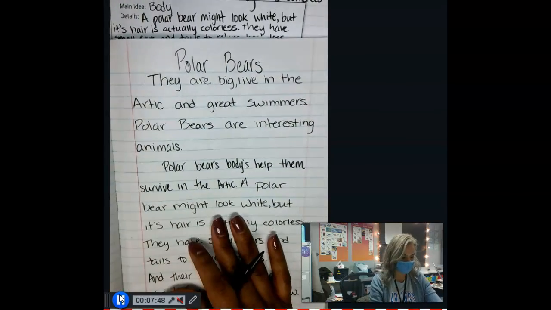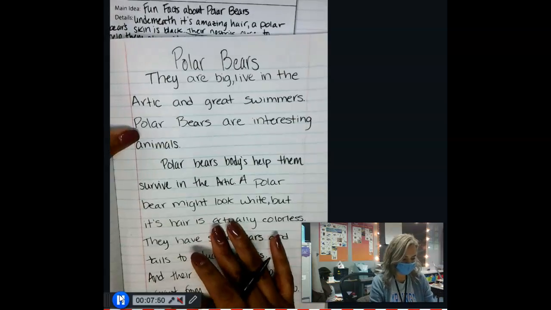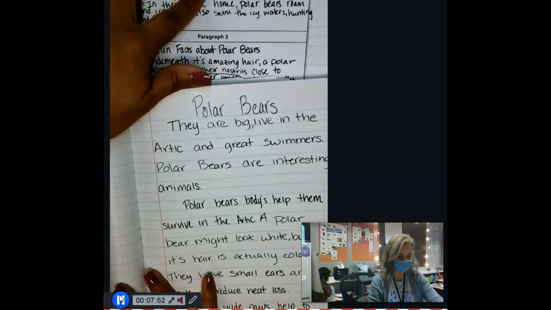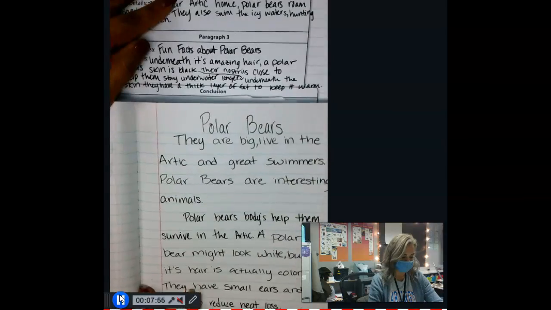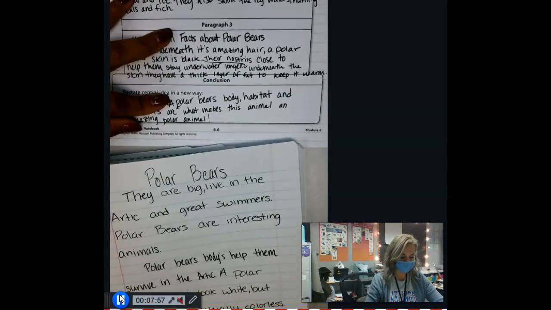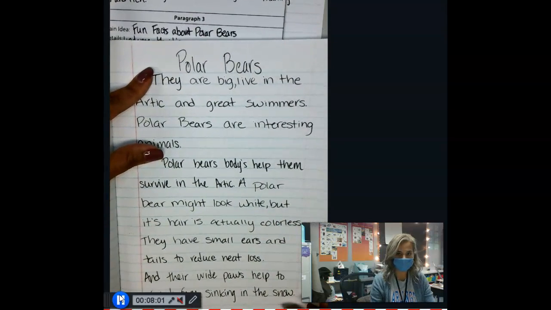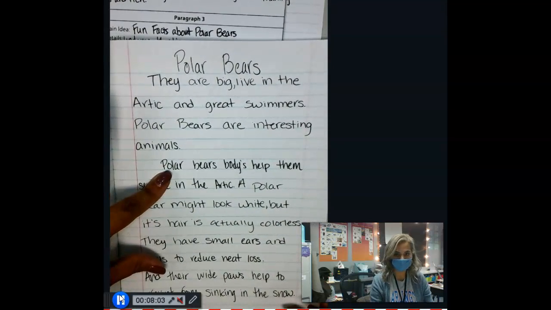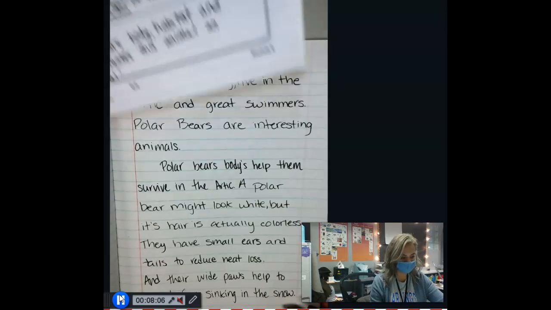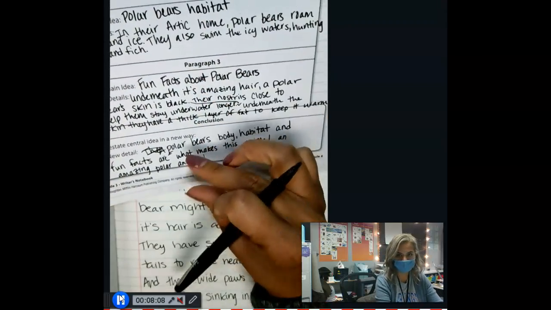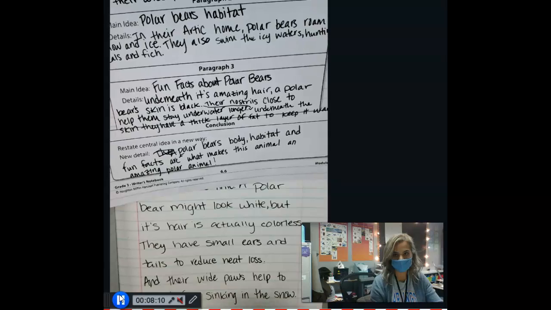Then you'll want to move on and rewrite body paragraph 2, body paragraph 3, and your conclusion in the same way that I wrote my introduction and my body paragraph. So all you're doing is just creating a paragraph in your writing notebook to complete your rough draft.